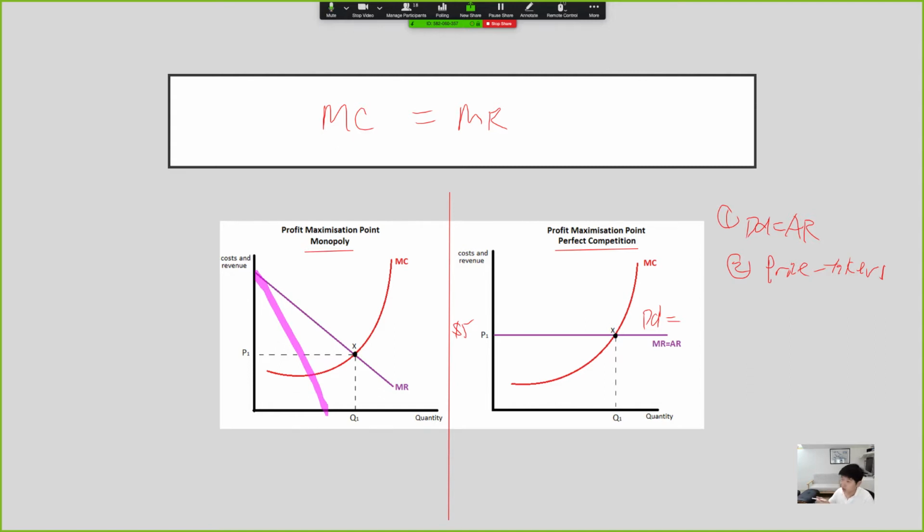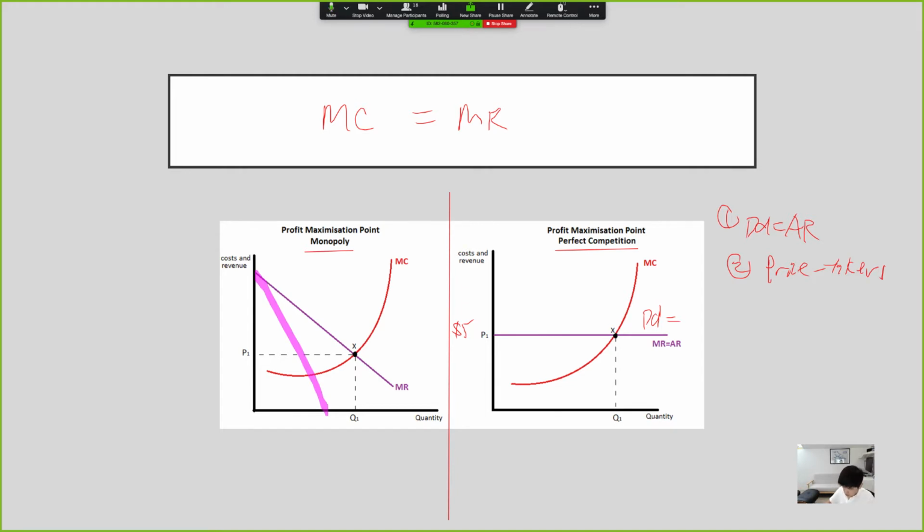If every unit they sell is at $5, then your average revenue will be $5. If your average revenue is always $5 and every unit of the good sells for $5, that means your marginal revenue will always also be $5. So that is the reason why for your PC firm, your AR is always equal to your MR, and your MR is also your demand curve. In your perfect competition firm curve, demand equals average revenue equals marginal revenue, and it's always a horizontal line across.